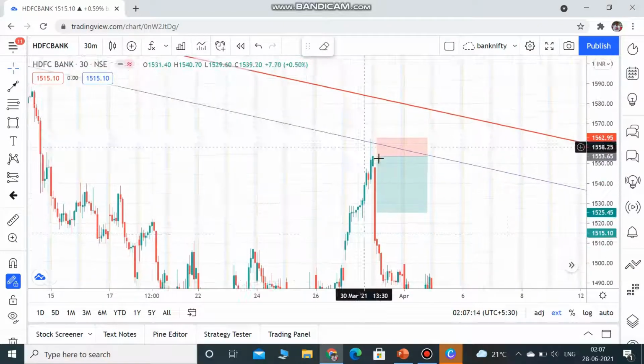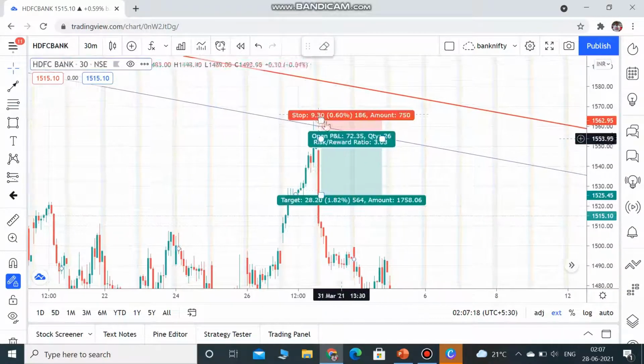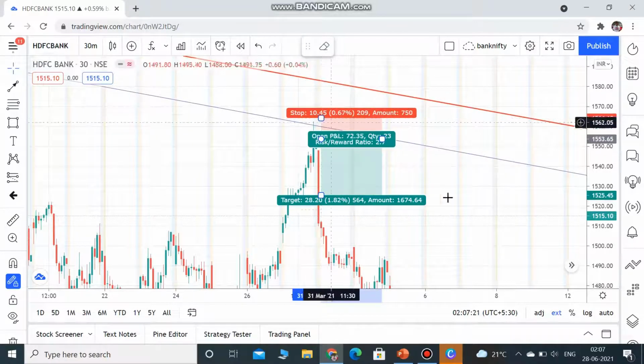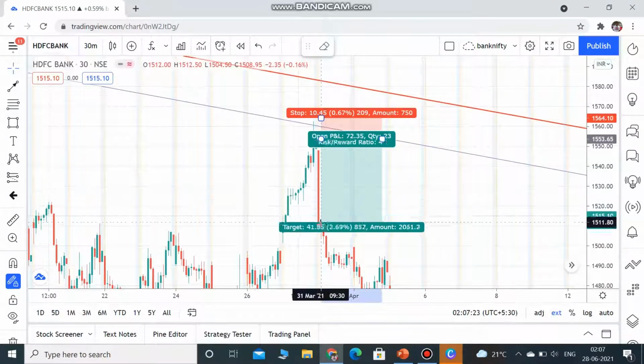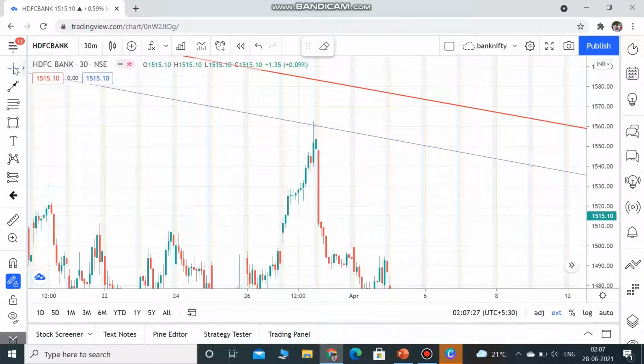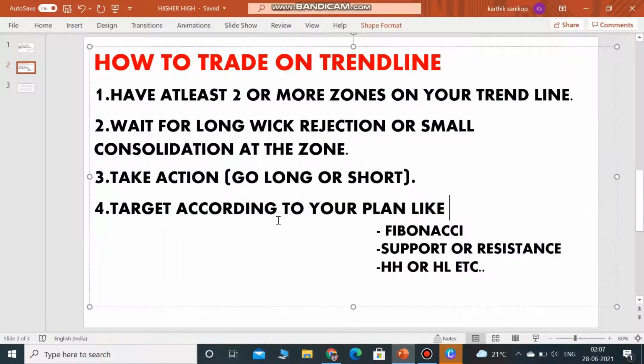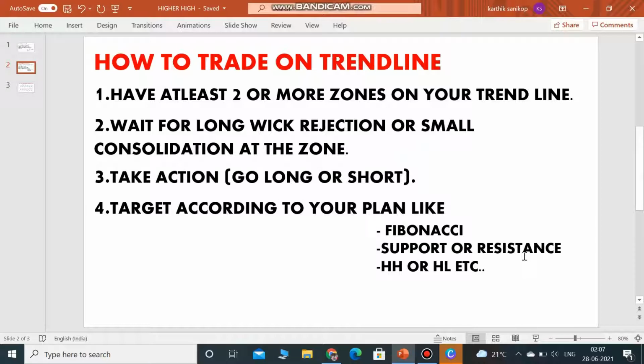Considering these 2 points, you can have the stop loss above it, and plan your trade according to your risk or reward. You can also target according to your plan. I basically plan on my Fibonacci, support or resistance, or higher high and higher low concept.